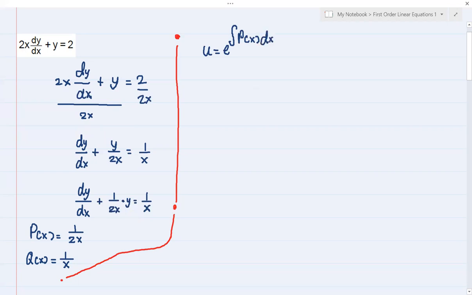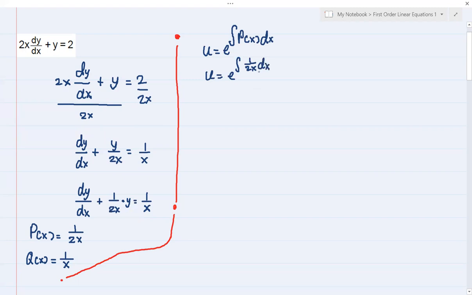Let's substitute 1 all over 2x as your p of x. So we will have e raised to the integral of 1 all over 2x.